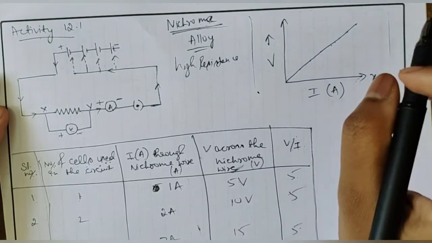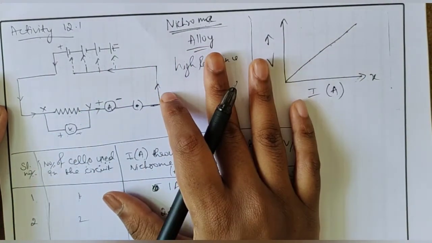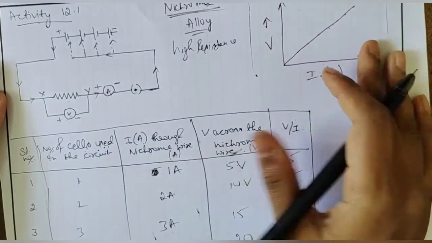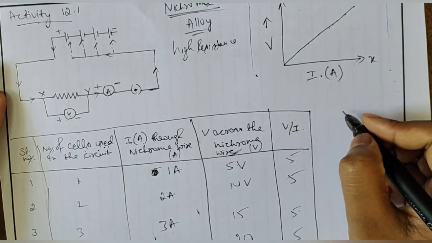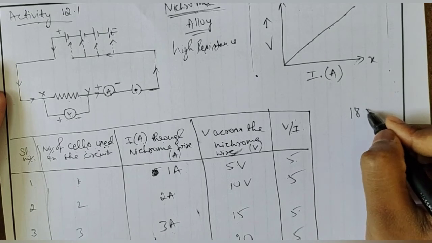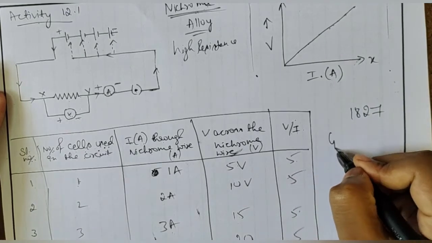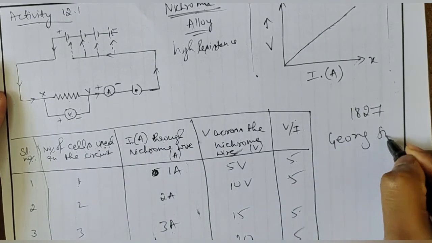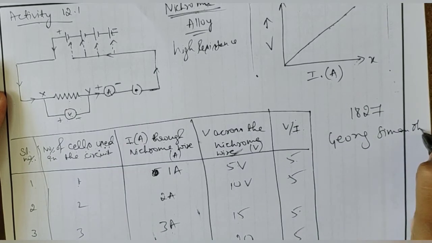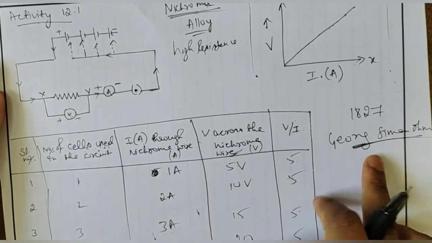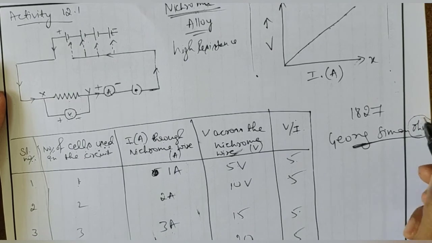Clear? So this activity was explained by the German physicist, in the year 1827. He is George Simon Ohm. Ohm, you need to remember this one.